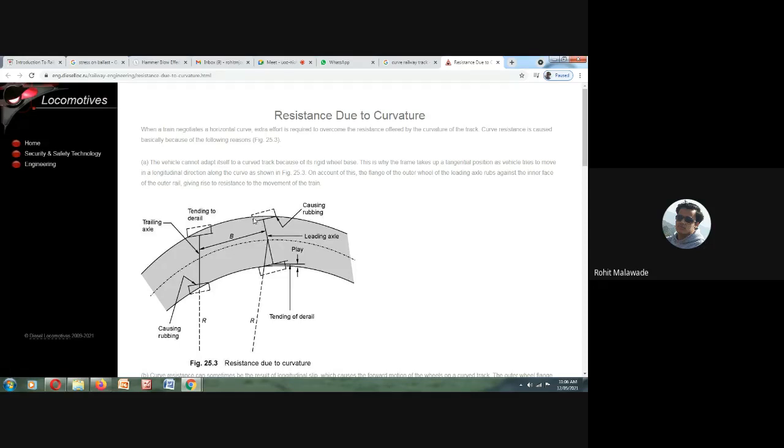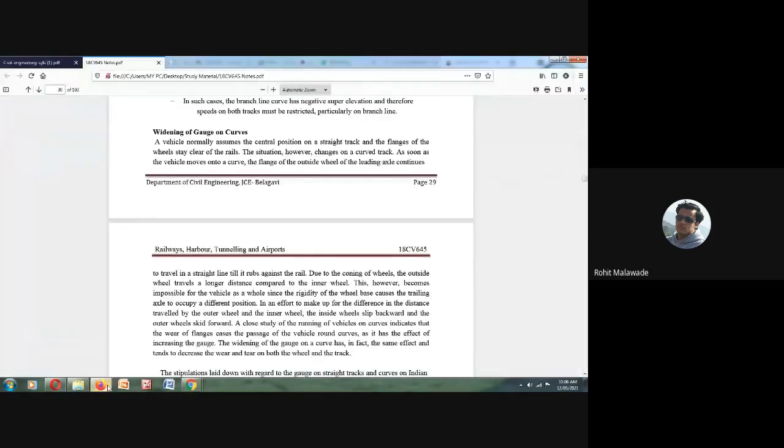So wherever the curvature is there, it is necessary to widen the gauge distance between the two rails. This is what the widening of the gauge is.